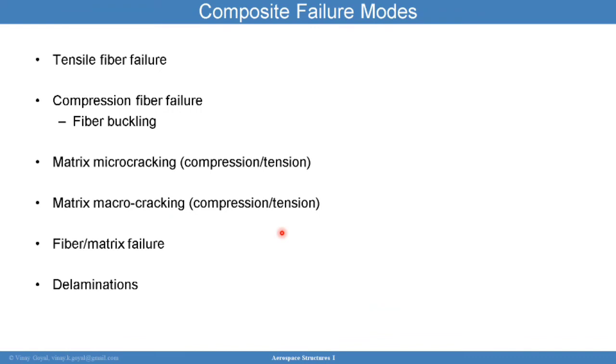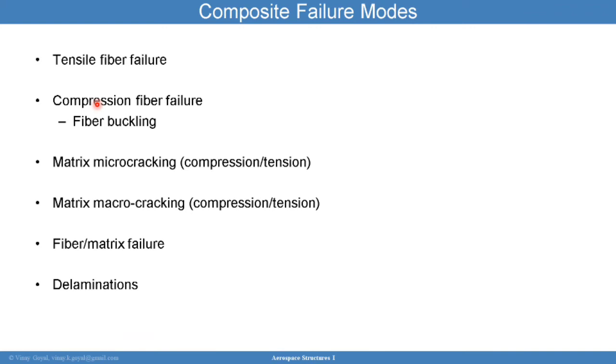The list of failure modes is provided here in a list format to show you the kinds of failure modes you could have. What I'm trying to highlight here is you could have fiber failure in tension, fiber failure in compression. You could also have fiber buckling in compression. So if the fibers lose stability, then fiber buckling could be a significant concern.